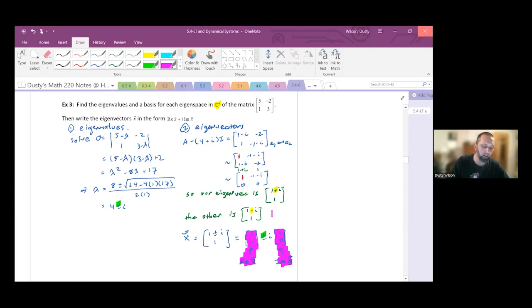We also found the second eigenvector by knowing they came in complex conjugate pairs. I didn't prove this, it's just true. And so we have eigenvalues that look like 4 plus or minus i, and we have eigenvectors that look like 1, 1 plus or minus i times 1, 0. That's the end of this particular example.